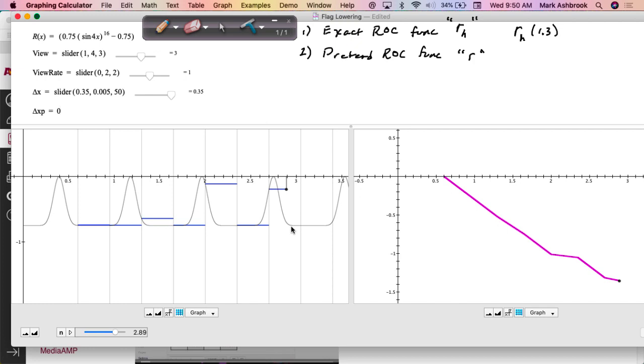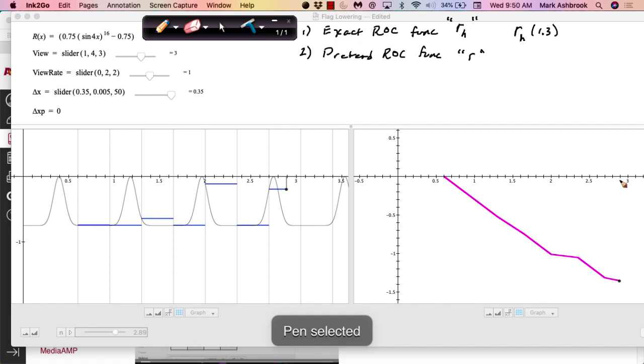And so for any given time, so here's x, right? For any given time since we started lowering the flag, we add up all the change from the completed intervals plus a little more change from the current interval, and it gives us, should have done it the other way.